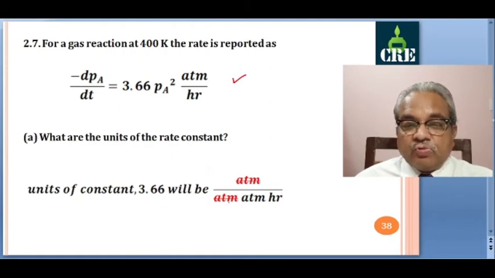Pa square is atmosphere into atmosphere, so the atmosphere cancels out and you get a second order rate: time inverse into concentration inverse. Here time inverse is hour inverse, and concentration is expressed in terms of partial pressure, so atmosphere inverse. So units will be atmosphere inverse, hour inverse.